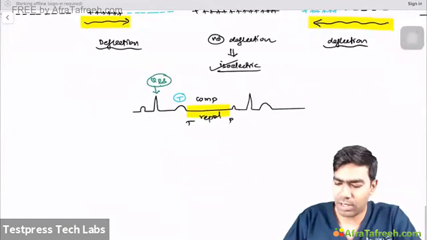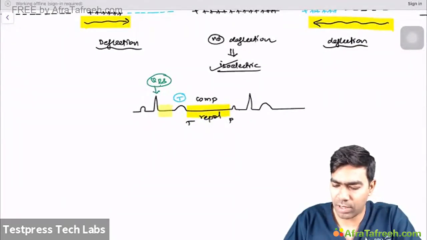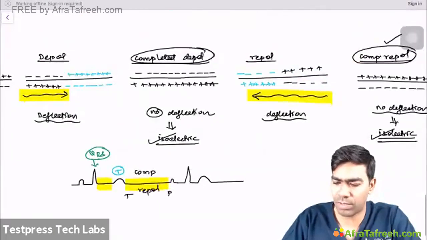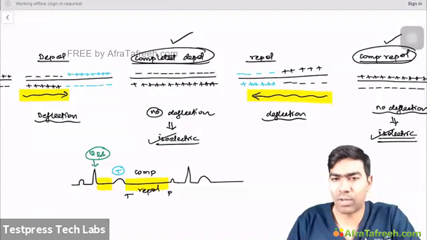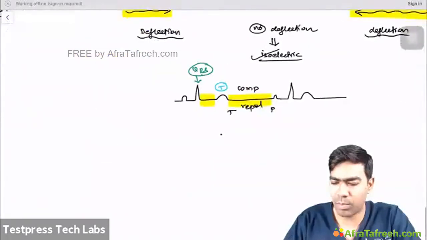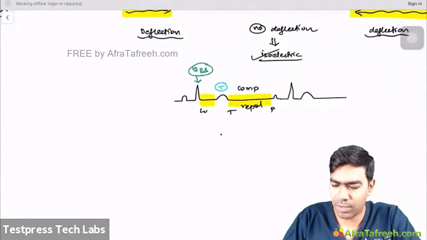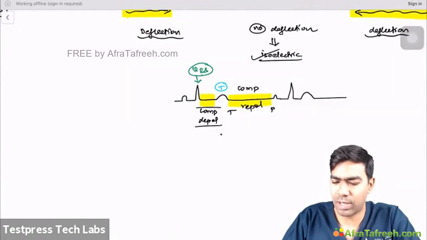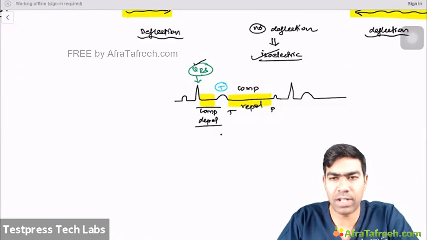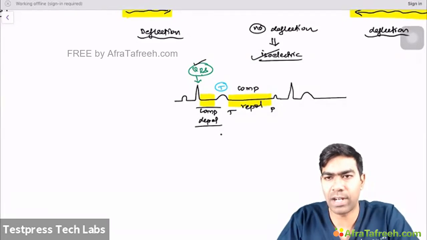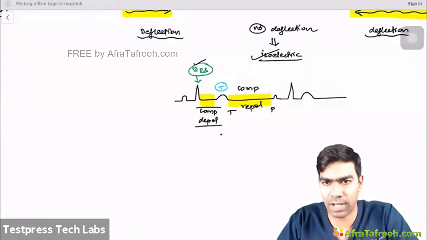Similarly, if you want to know what the ST segment is, this is the time where you get the ST segment, which means your depolarization of the ventricles is complete. During the depolarization, you will get the QRS, but between the depolarization and repolarization, you will have a completed depolarization state, full depolarization of the ventricle, where you will not get any current at all, and that's what we call the ST segment.